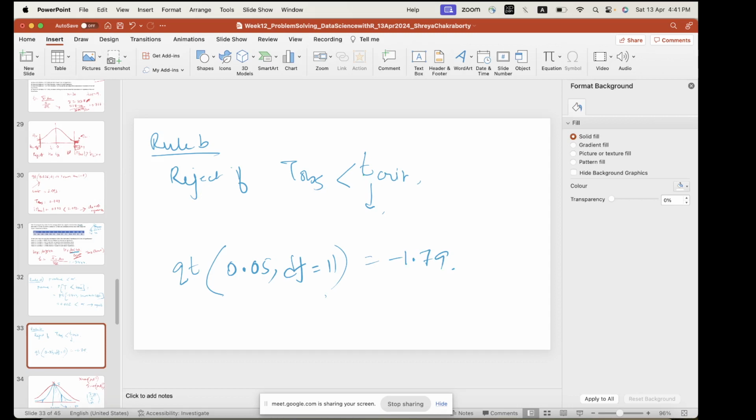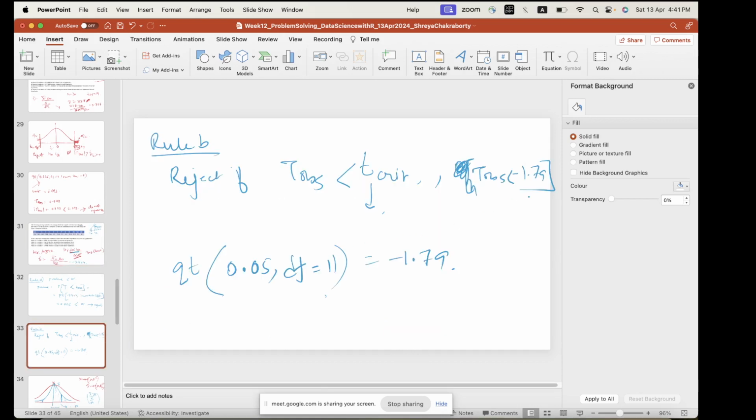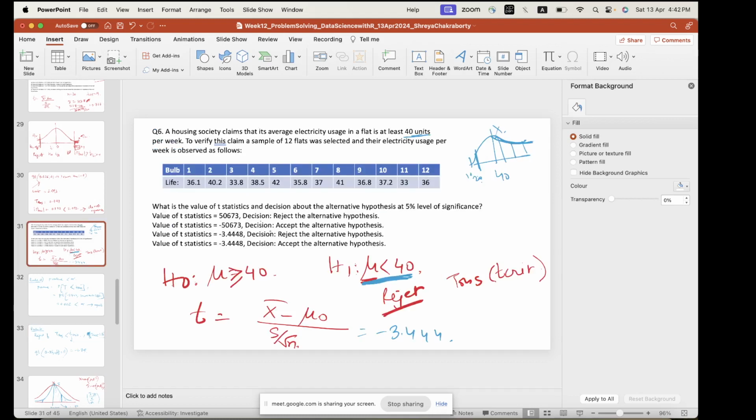So reject H naught if t observed is less than minus 1.79. This holds true in this case: here we have minus 3.444, which is less than minus 1.79, and hence we are going to reject the null hypothesis.